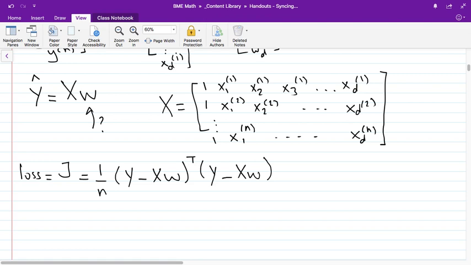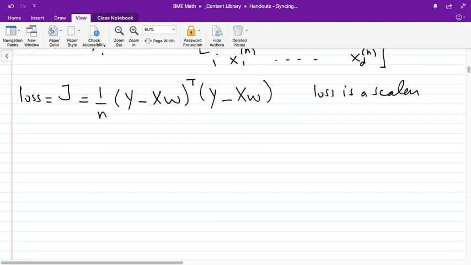That's the squared error summed over all the data, averaged over the number of data points. I want to find the w that minimizes this scalar function. What's important is that the loss is a scalar. It's just a number. So I want to find the w that minimizes this number.